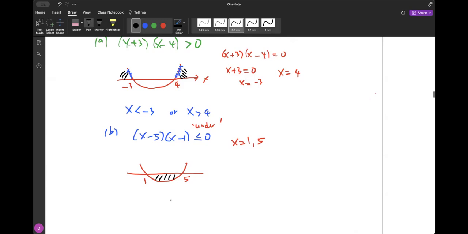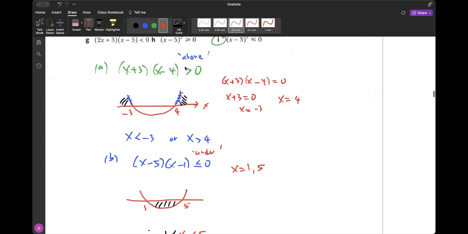How do you write the answer for in between? S is more than 1, but s is less than 5. So more than 1, less than 5 is the answer. When there is an equal sign, you have to follow. When there is no equal sign, don't put an equal sign.